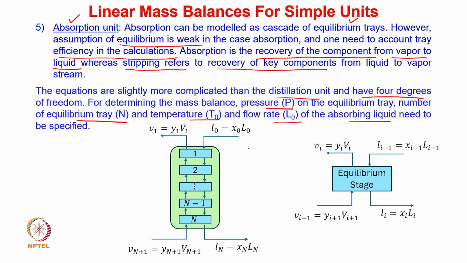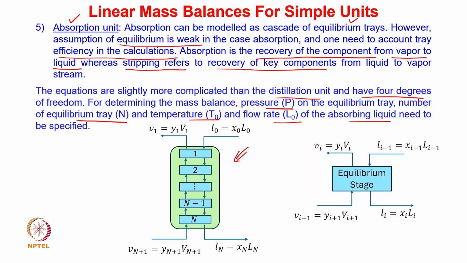Now a typical schematic is shown here, where you can see that the liquid which is coming into the absorption unit has a molar flow rate of capital L naught. Again we have multiplied L naught by a mole fraction x naught. So here mole fraction x naught is nothing but the mole fraction of the key component.